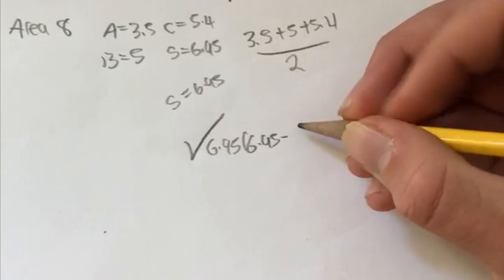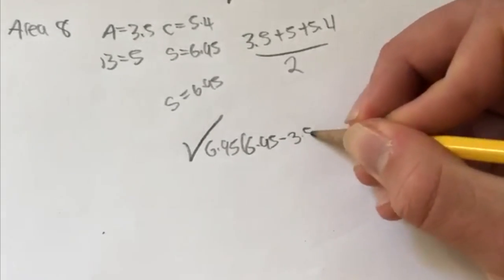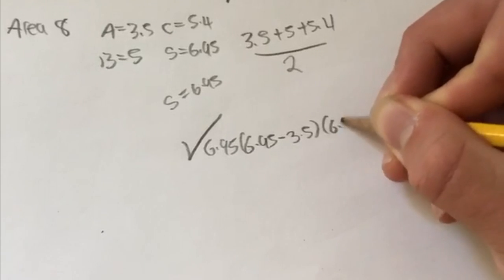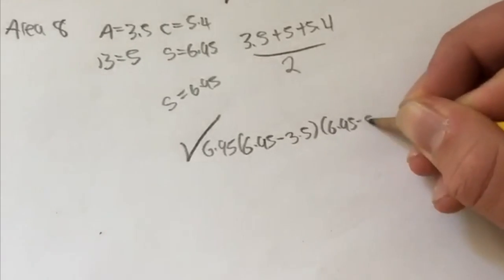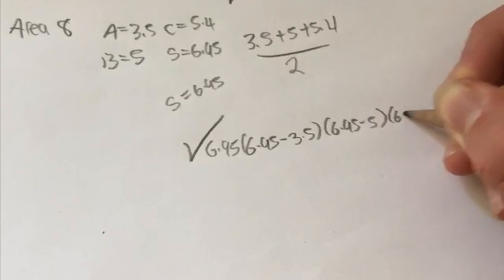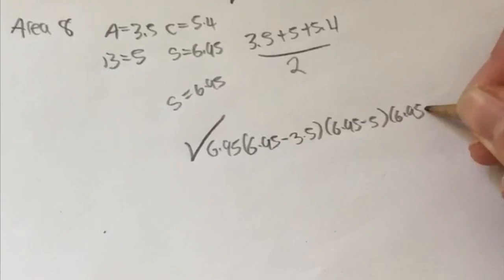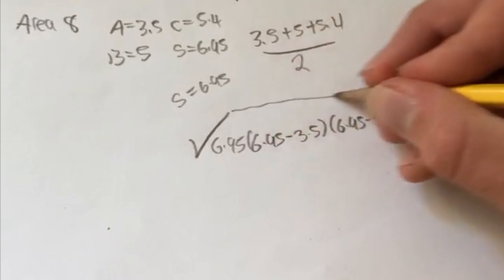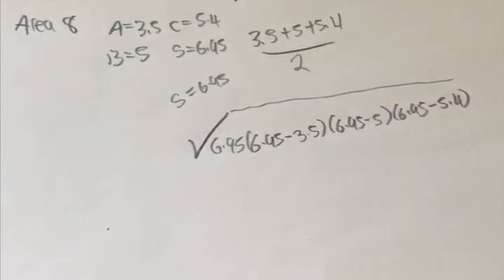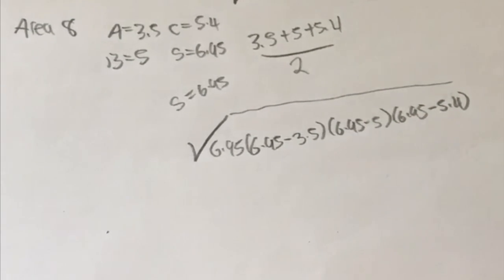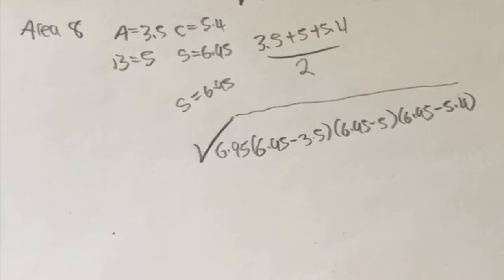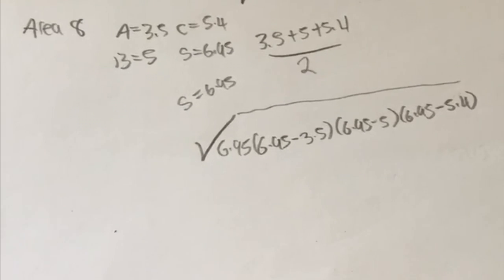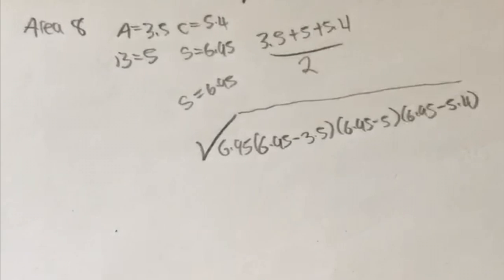minus 3.5, 6.95 minus 5, and 6.95 minus 5.4, all of that under a square root. And once we get the square root of that, we are going to finally be able to solve for the area.